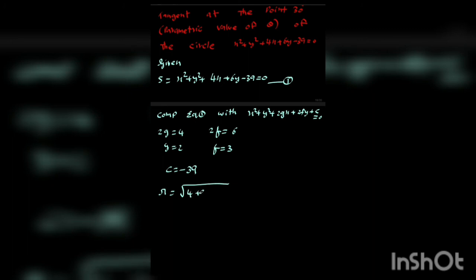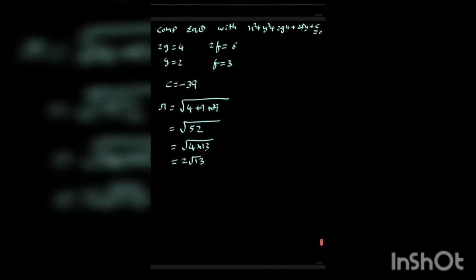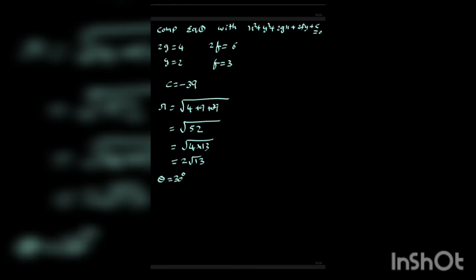So 4 plus 9 plus 39, that is 52. So 52 can be written as 4 into 13. So 4 comes out, then 2 root 13, and given theta is 30 degrees.